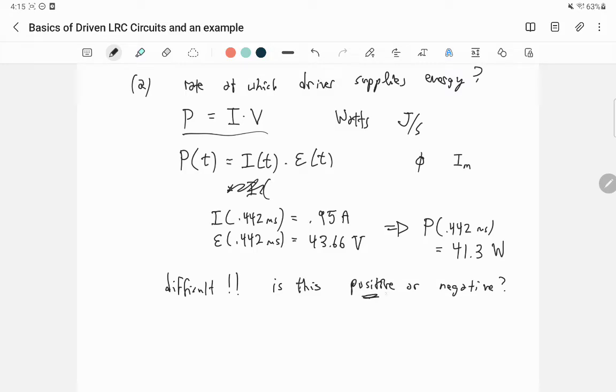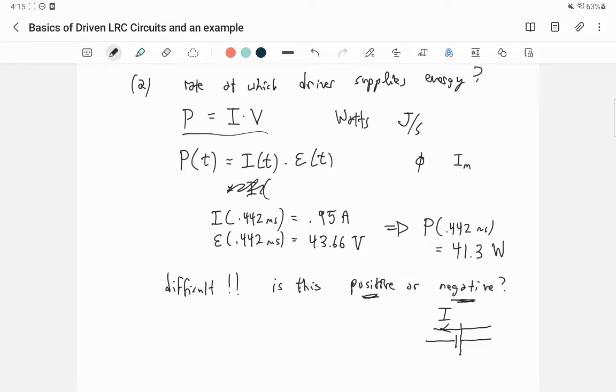So it's positive if it's trying to speed up the current that's already happening. But the power supplied by our power supply can be negative. It can be negative, for example, if you have a battery oriented this way, but the current flows backwards through it. That's how you recharge a battery. And recharging a battery is the same thing as that particular battery doing negative work, supplying negative power.